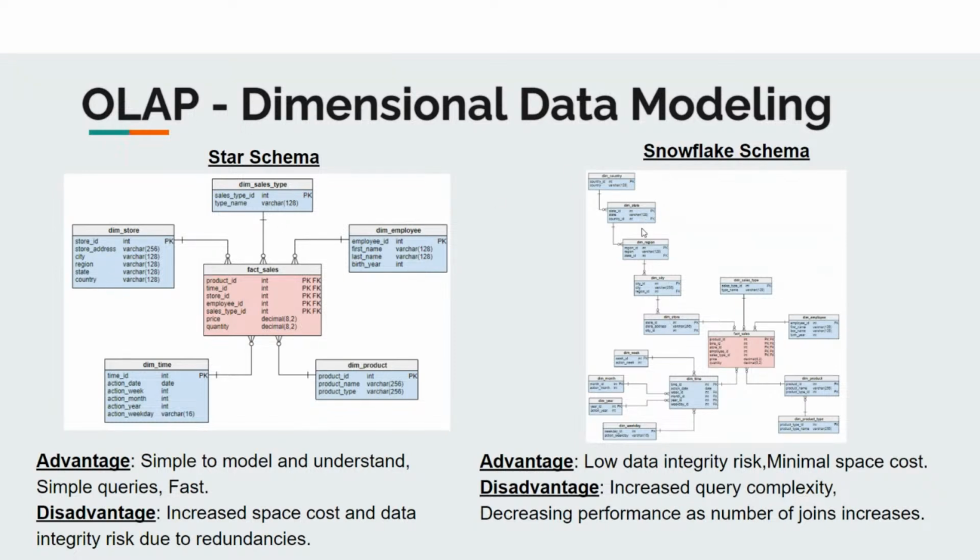But you keep that because you have low data integrity risk, but it increases the complexity. It makes it a little more difficult because you have to trace through relationships to put your query together. Like if you wanted to get sales by state, you'd have to do state joined with region, joined with city, joined with store, joined with sales, instead of just doing store and sales over here.